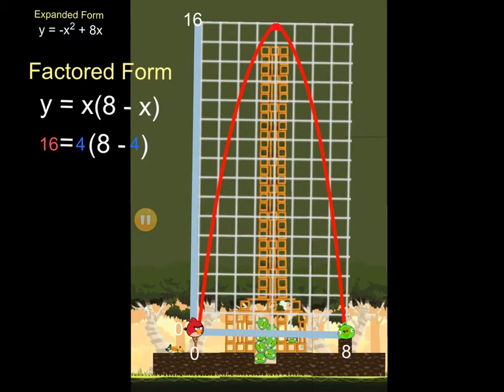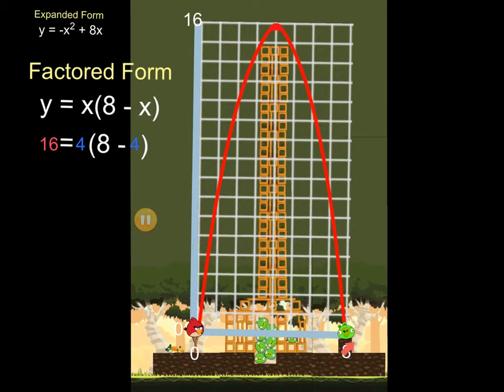So again, once we know where our x-intercept points are, at 0 and 8, we know exactly in between 0 and 8 will be 4, which is where the line of symmetry is. And if we slot in that x number into our equation, we can see that we are going to develop where that maximum point is. 8 minus 4 is 4, and 4 times 4 is 16.